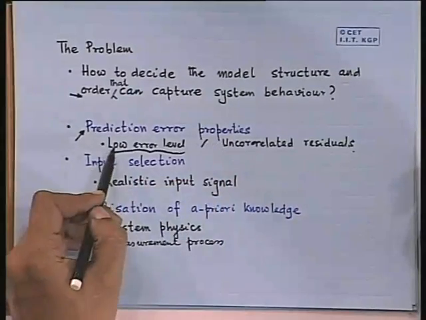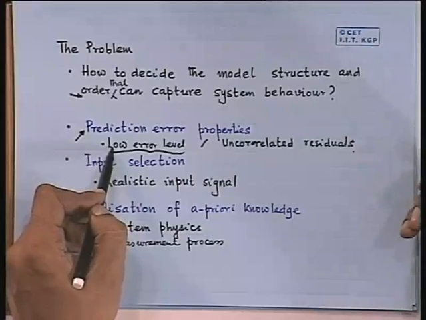While there may be some prediction error, you definitely want the residual not to be correlated with the input, because if it is, there is a part of the system dynamics which you are unable to explain using the model.